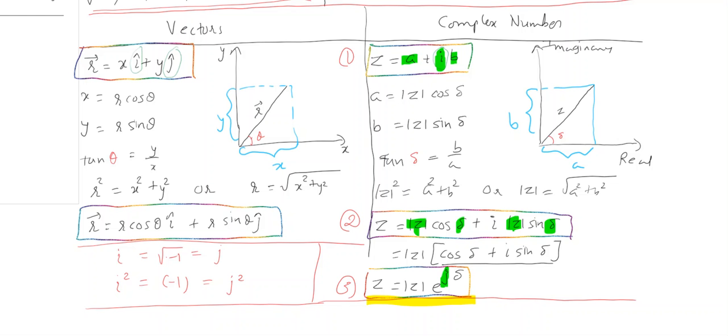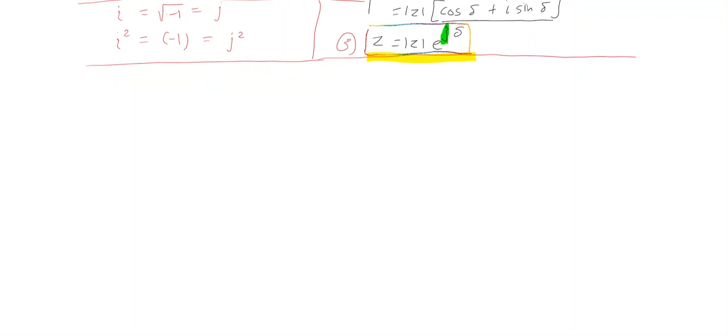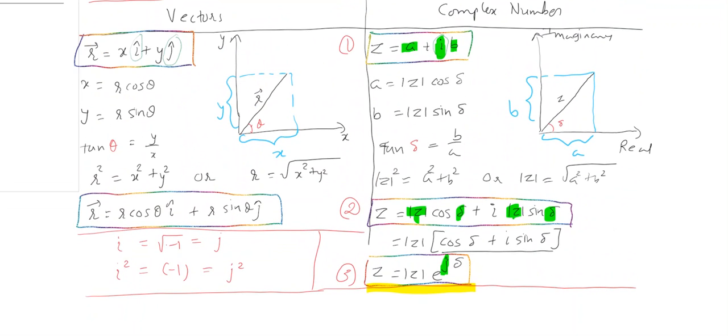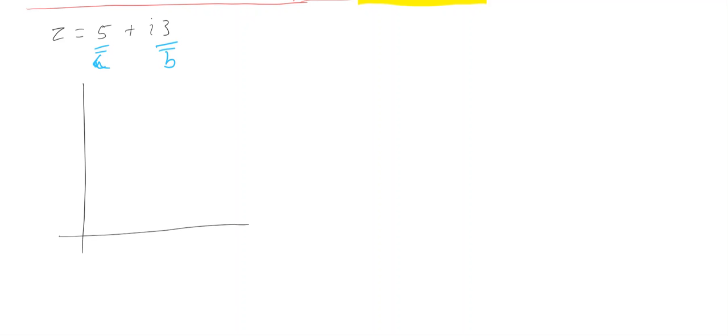Now, what if I want to multiply two complex numbers? So, no, before that, let us try to convert from one form to another. Let me take one example. So, if I consider some complex number, say z as 5 plus I3. So, this is my A and this is my B. I can represent this on the complex plane.